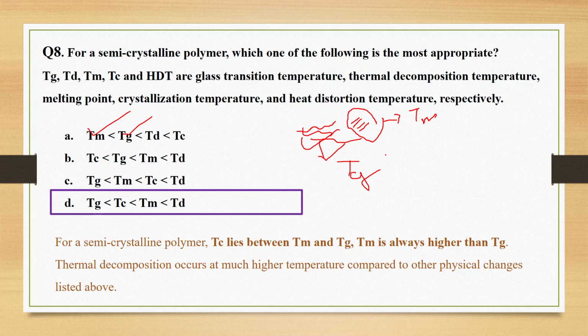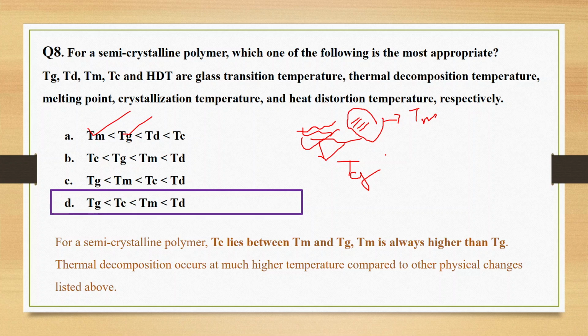Now what will be their values? Tg means you are taking it from a glassy state to a rubbery state. Same for the melting temperature: you are taking it from a crystalline state to a liquid state.